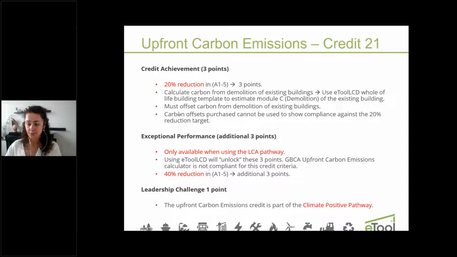This will ease your life a lot, and you can do it relatively easily and fast. Then you can purchase offset certificates for this carbon from demolition of the existing building.